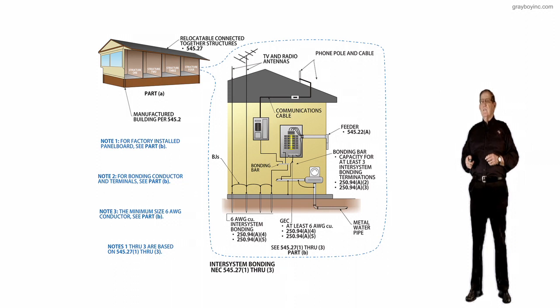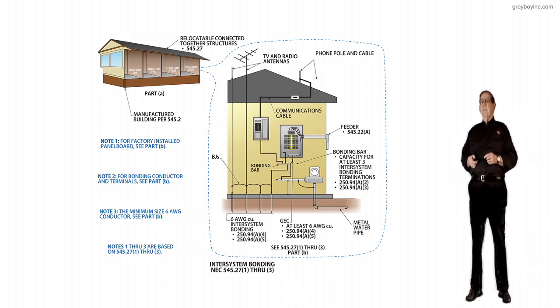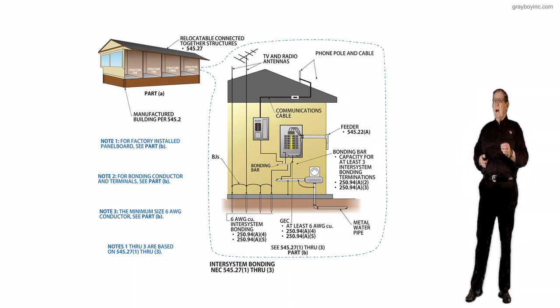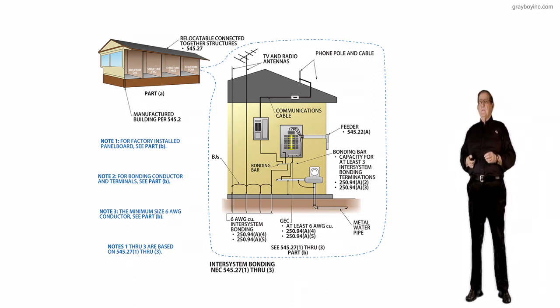And again, that's right in with 4 and 5, as you see next to it. Then we have a metal water pipe that's 10 feet or more of it in the earth. So that would be considered an electrode that would be permitted to be used by 250.52(A)(1) that we would look at there.